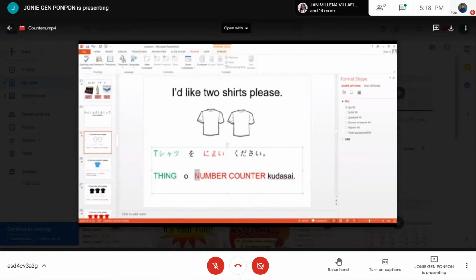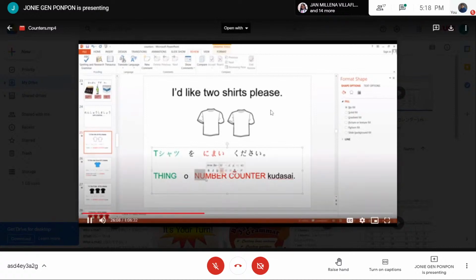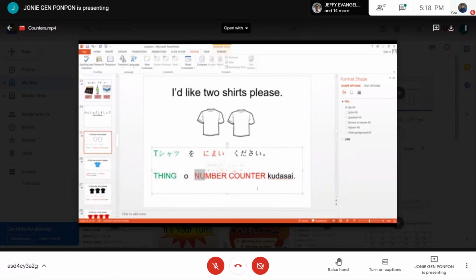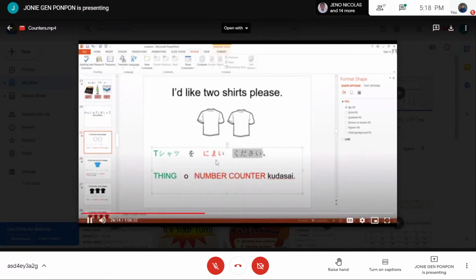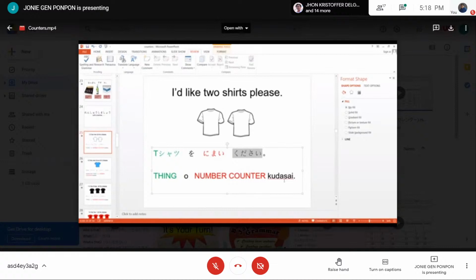And then for the number counter, after the o particle will be the number, how many you want. Okay, so in this case, nimai. And then next is the kudasai. So in this case, I'd like 2 shirts, please. In Nihongo is T-shatsu wo nimai kudasai. Okay, so that's how you say the sentence, I'd like 2 shirts, please, in Nihongo.